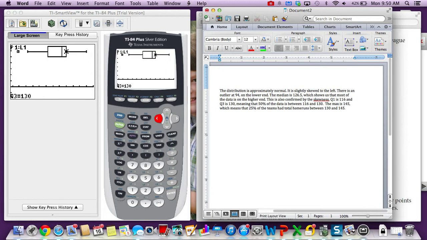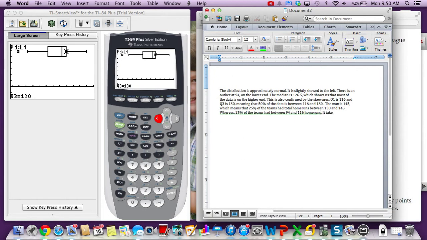Whereas 25% of the teams had between 94 and Q1, which was 116 home runs. So thinking about that, you have 25% of the teams in this 15 range, and then you have 25% of the teams in a range that is more than 20.